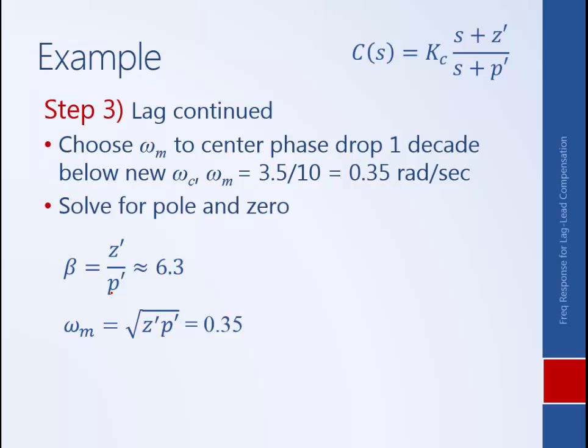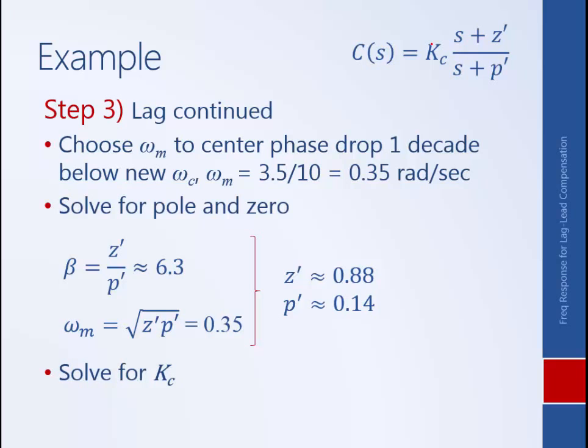We have enough information to solve for Z and P. We can solve one equation for P and plug it into the other equation and solve. I'll skip that step, but if we do that, we arrive at a zero at 0.88 and a pole at 0.14. Okay, so that determines this part of our compensator. The last thing to do is to calculate our Kc.